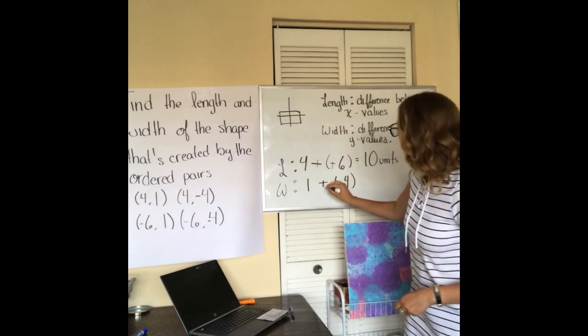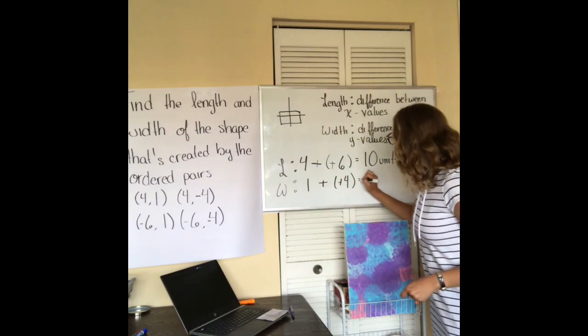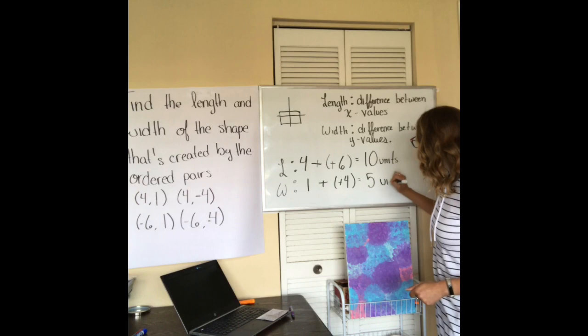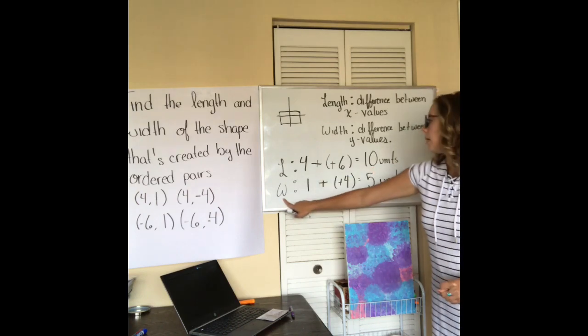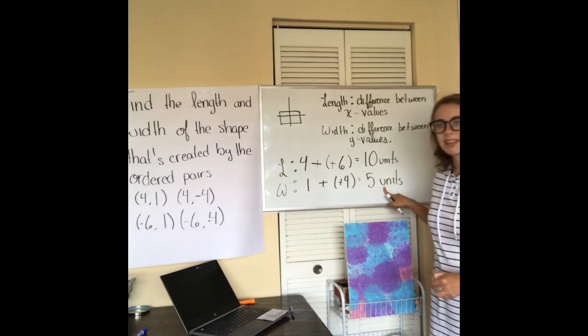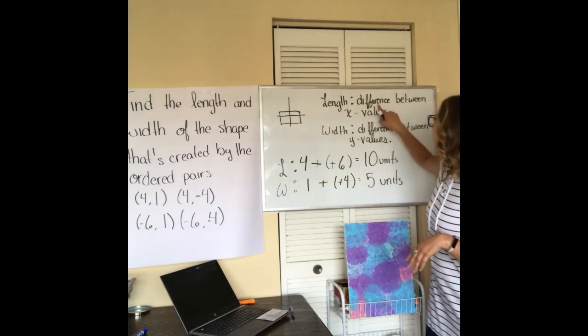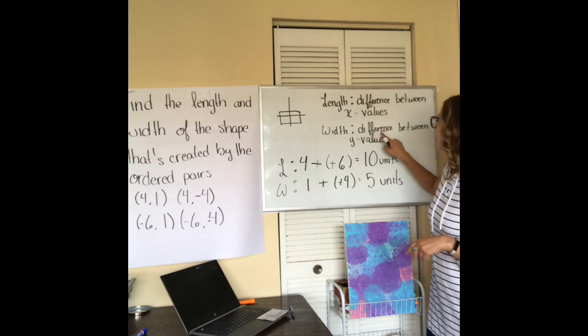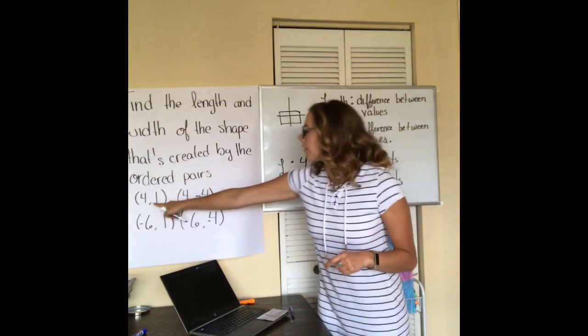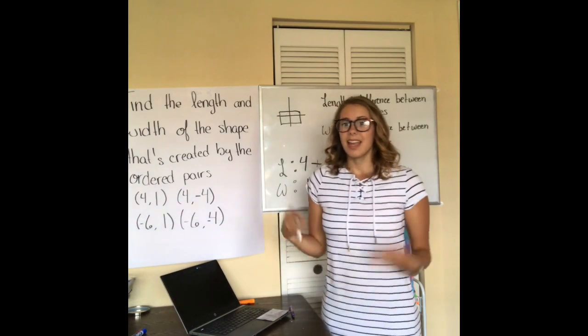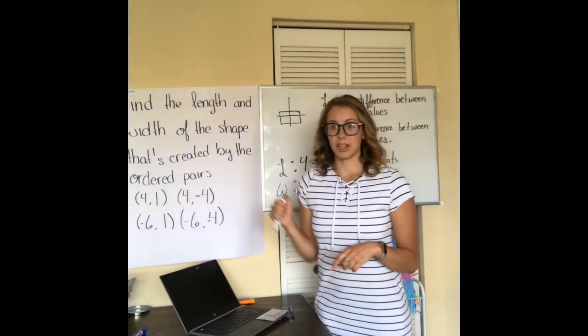So 1 plus positive 4 is 5 units. So my length is 10 units, my width is 5 units. And I found those because I did the differences between the x values and the differences between the y values. And again, the x values are the first value in the coordinate, and the y value is the second value in the coordinate.